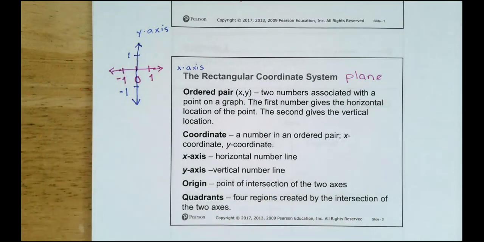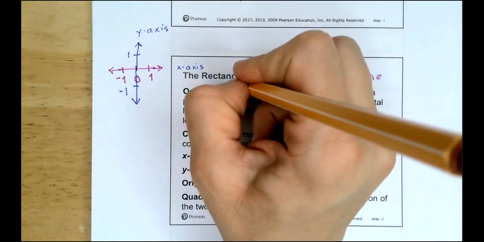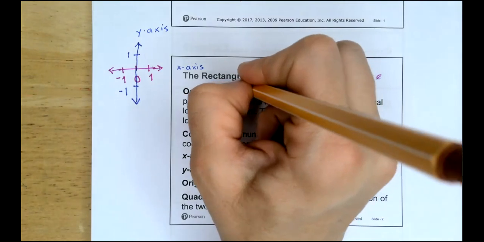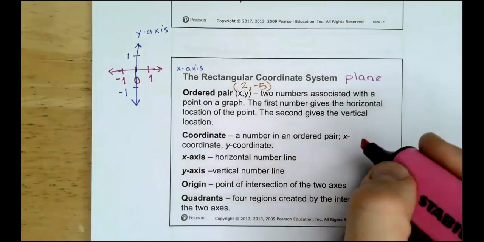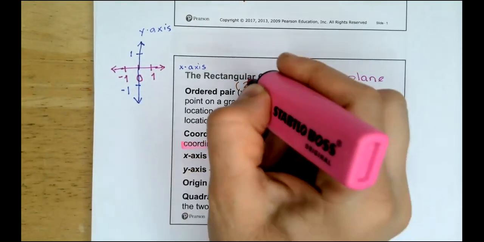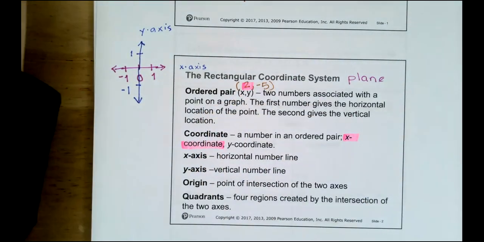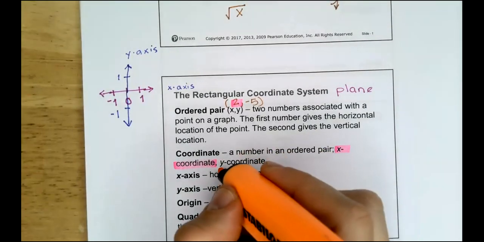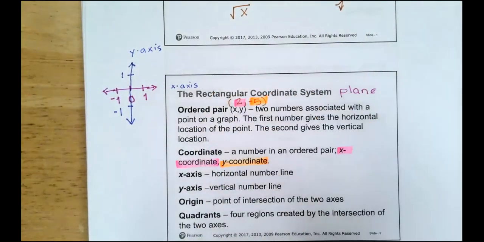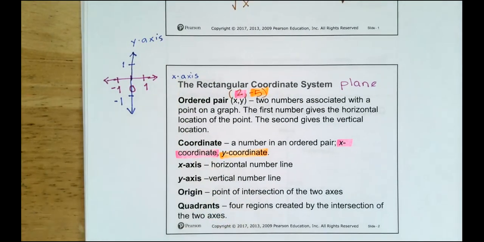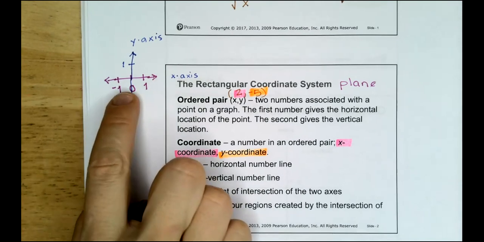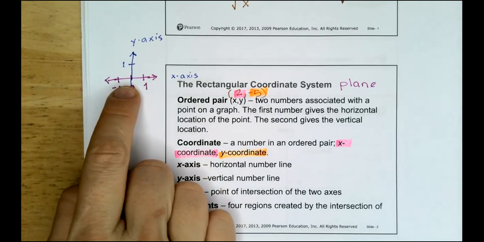When you have the point, if you have the ordered pair 2, -5, your x coordinate is the 2, is the first number always. Your y coordinate is your second number. Good. Your x-axis is this number line. Your y-axis is this number line. Your origin is where they cross each other, and it is 0, 0.